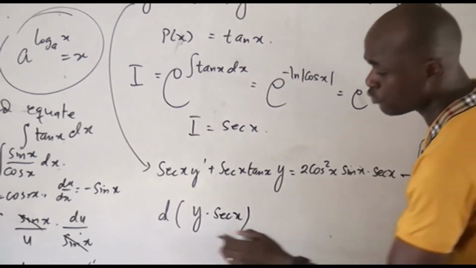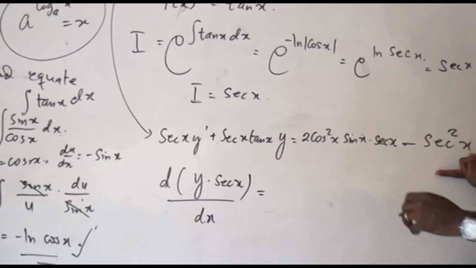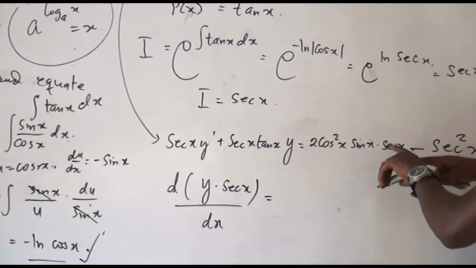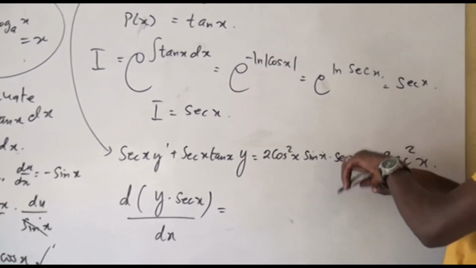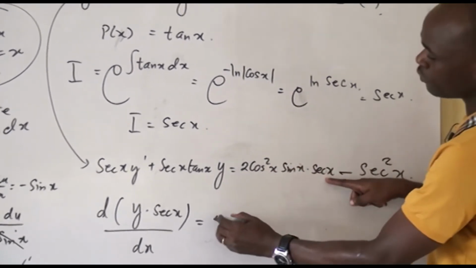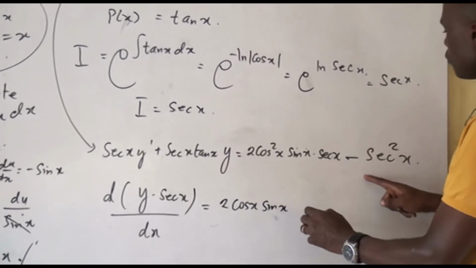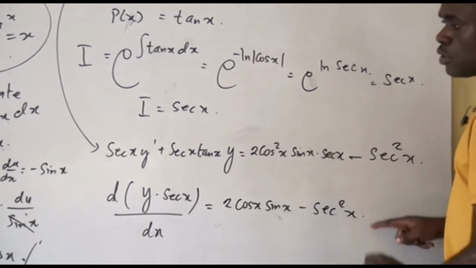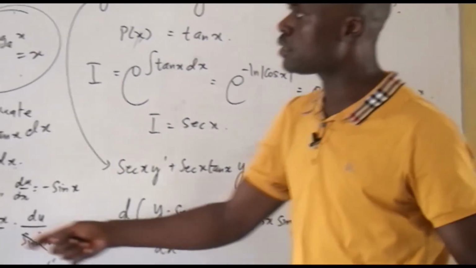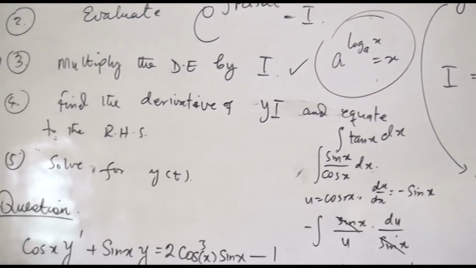Very surprising, but that is true, with respect to x, and this is equal to the right-hand side. The right-hand side is simply going to be, this is 1 over cos x, so we can cancel out this to have 2 cos x sine x minus sec square x. So what we do now is to integrate both sides. To solve for y of t, or y of x in this case, is to integrate both sides.